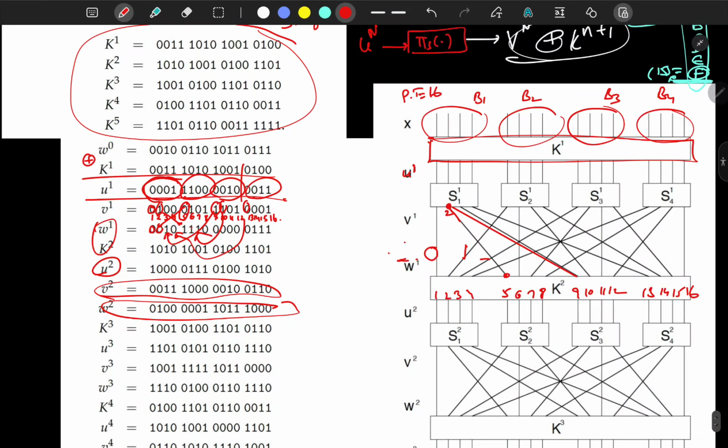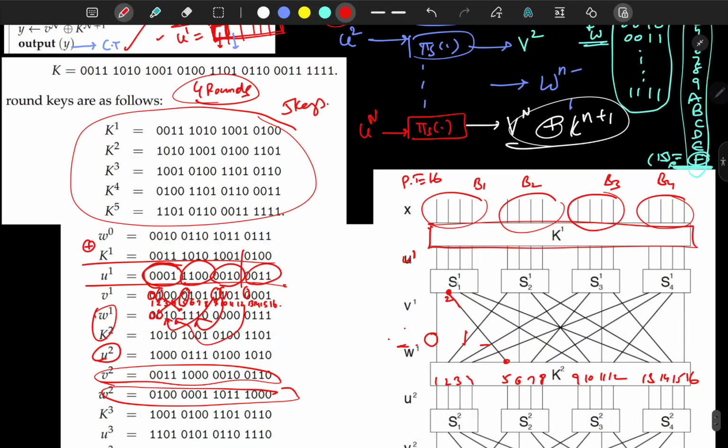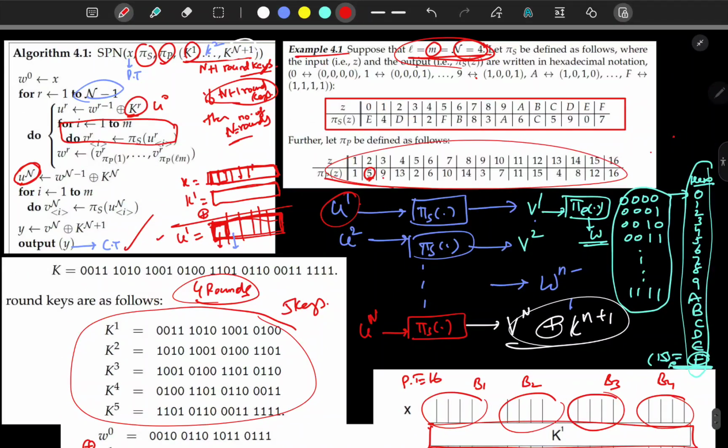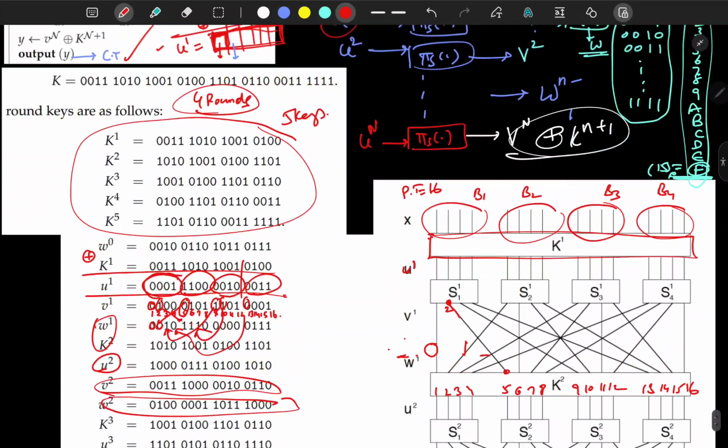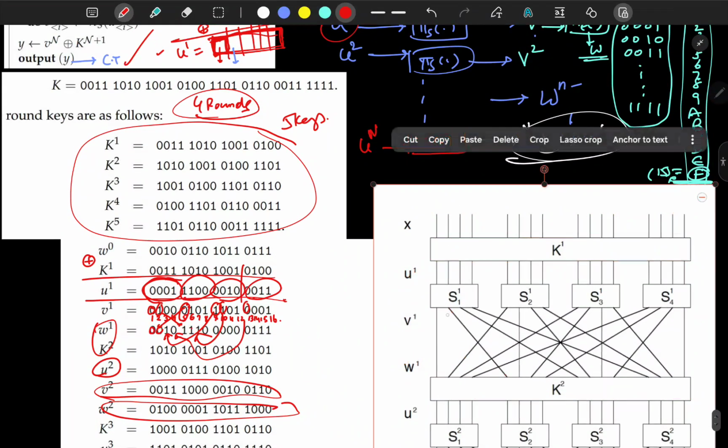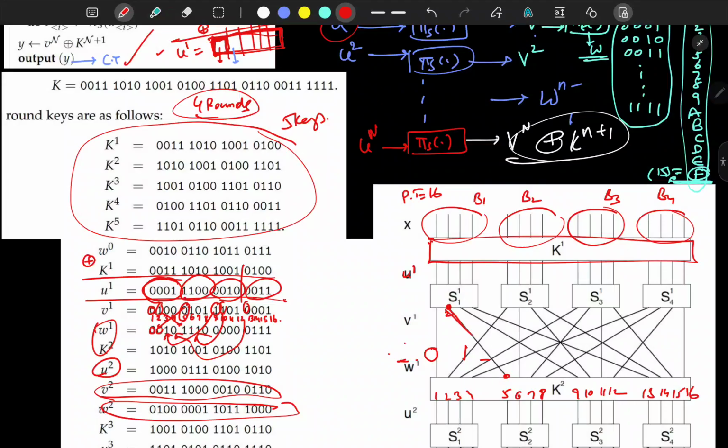Do you understand how to draw these lines? Instead of indicating the permutation box, we indicate it through lines so it is understandable. You can think of it as transmit 2 to 5th position, transmit 3 to 9th position, like this.